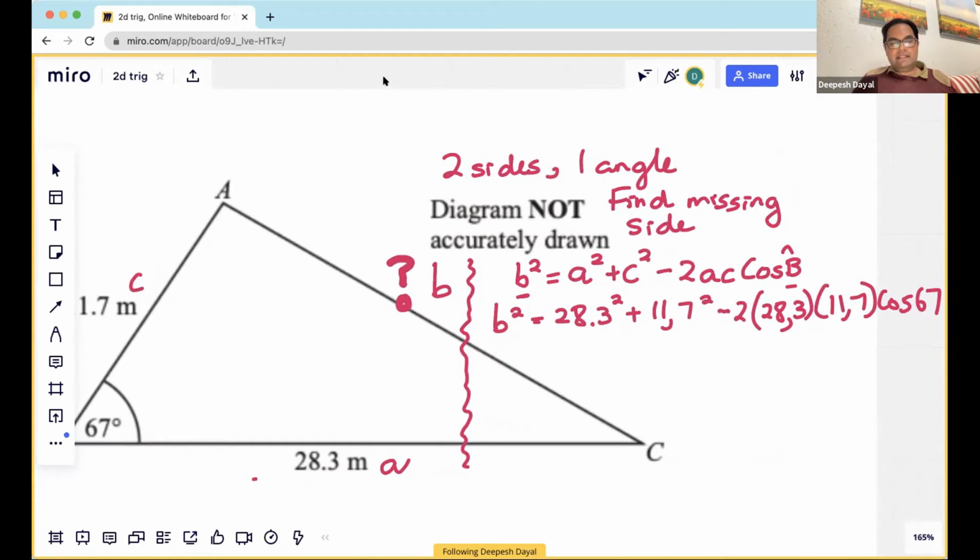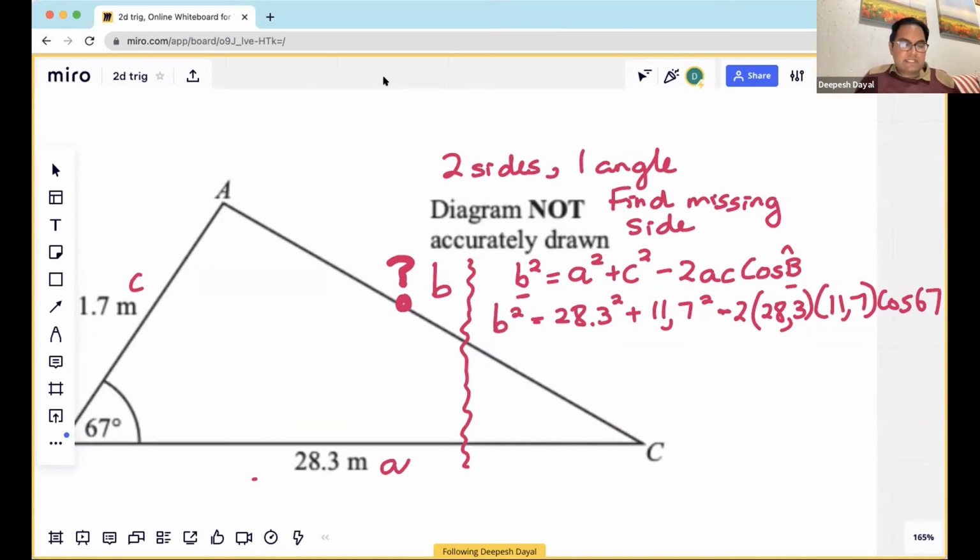Okay, let's plug that into our calculator. 28.3 squared plus 11.7 squared minus 2 times 28.3 times 11.7 times cos 67. Please let me know what you get. Remember, we need to square root our answer because we've got b squared, right?